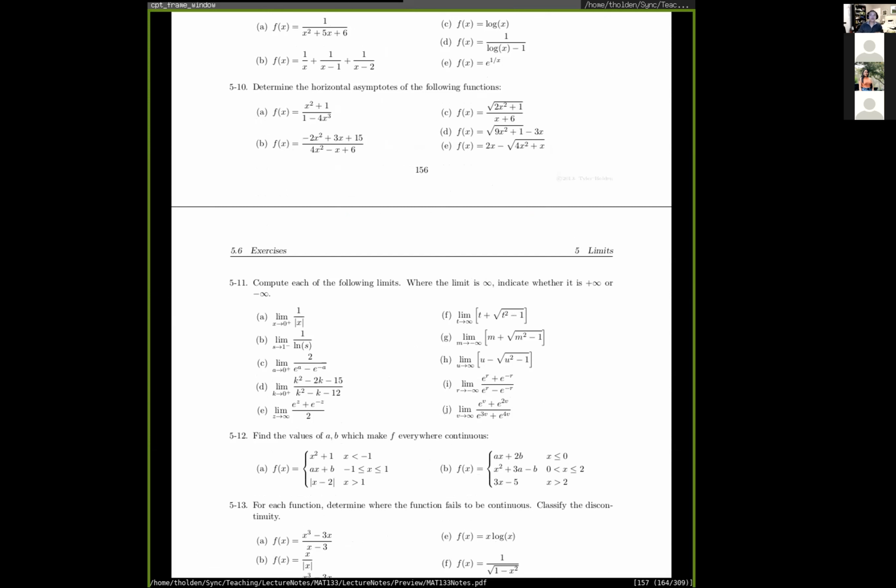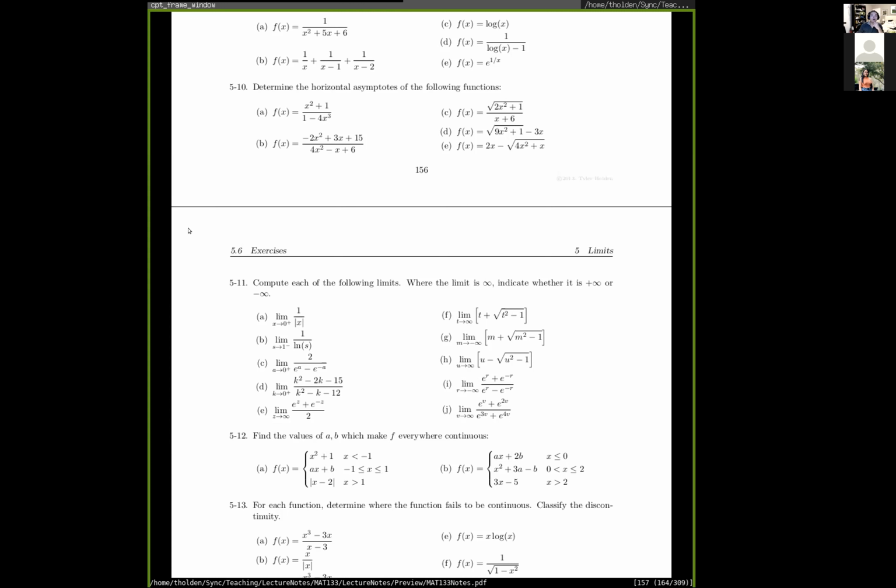I'm trying to remember, because if we didn't, I wouldn't worry about those. Did I make you do them? I don't think we did. So I wouldn't worry about G and H. You can skip these. I'll show you how to do them anyway if you really want, but we're not doing limits as you go to infinity. And that means you can skip I as well. Actually, you can skip all of 5-11.